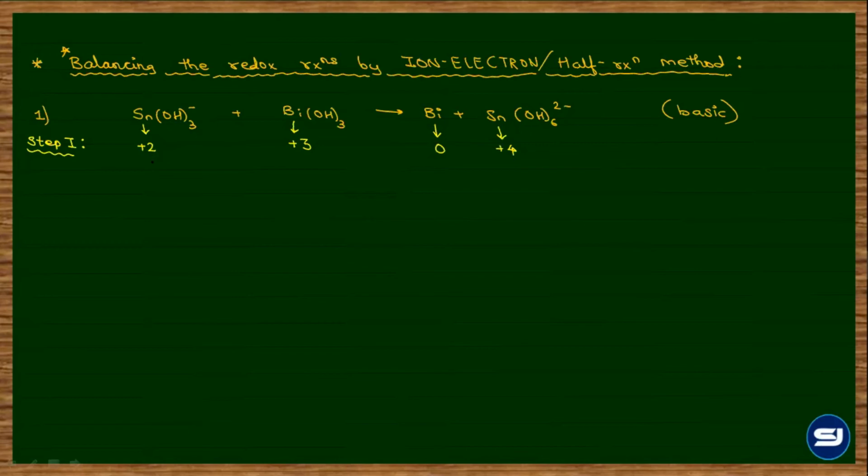So we can clearly understand that tin is undergoing oxidation and Bi is undergoing reduction, and the redox is happening between different species.